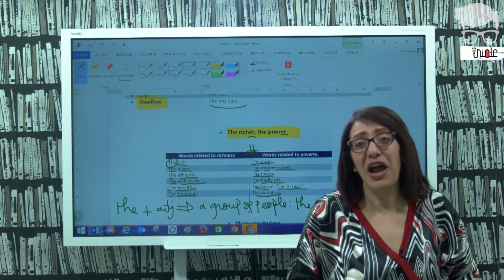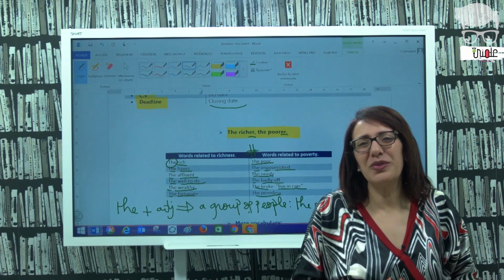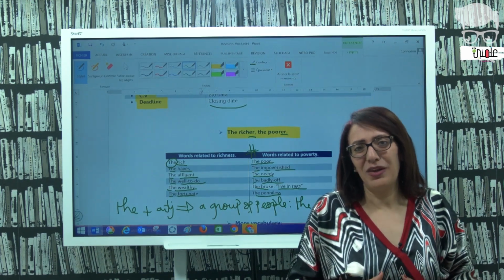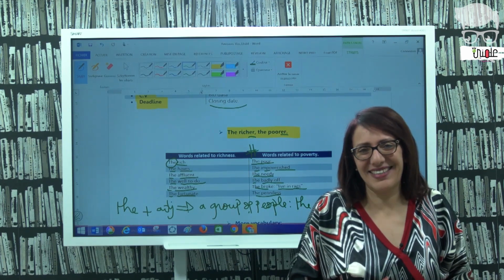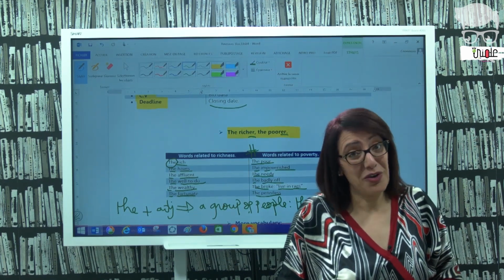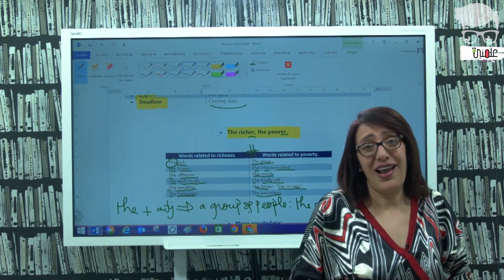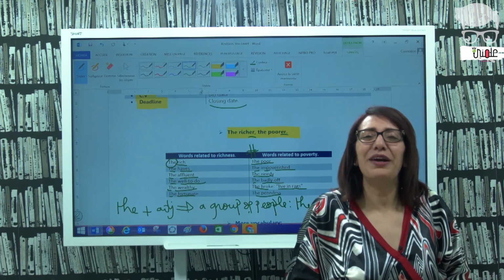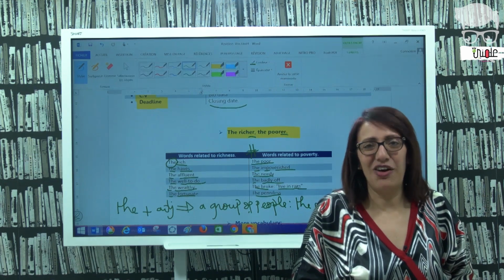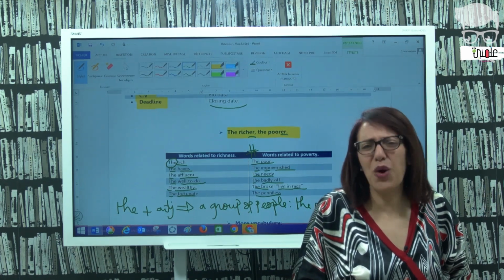And this expression, rags, meaning clothes which are old and in pieces, because of poverty, not because of being fashionable or in style. So here, in rags as a sign of poverty. Good. Broke.